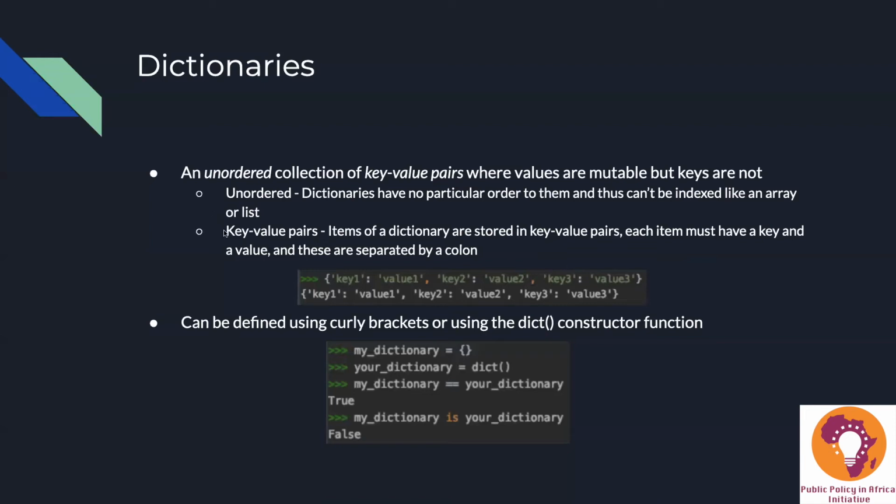And then the items of a dictionary are stored in key value pairs. Each item must have a key and value, and these are separated by a colon. So here I'm creating a dictionary. You create a dictionary kind of like a set, because remember with sets, we use these squiggly brackets, the curly brackets.